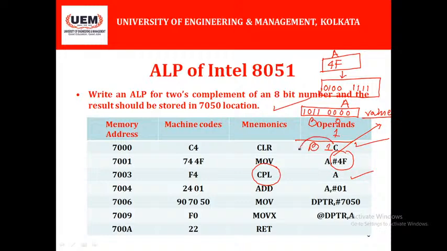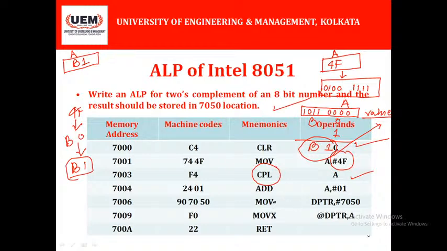So B1 is the value that we are going to store in the A register, which is nothing but the 2's complement of 4F, because when 4F is complemented it becomes B0, and after adding 1 it becomes B1. So B1 is the 2's complemented value of 4F.